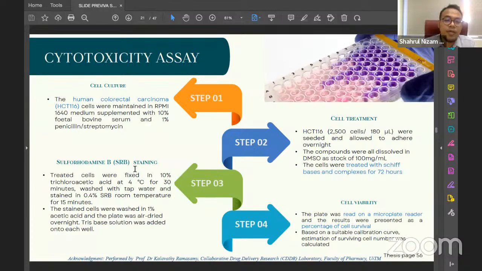And then we are using SRB staining. SRB is actually the dye, sulfo-rhodamine B, and step 4, we check the cell viability. So that's how we do this. We do this together with Prof. Dr. Kalabati from UiTM also.